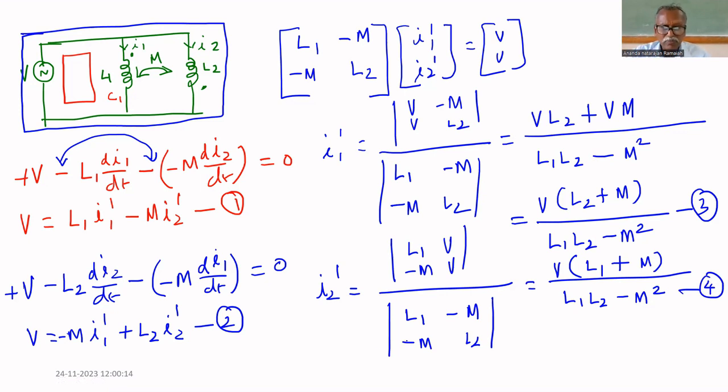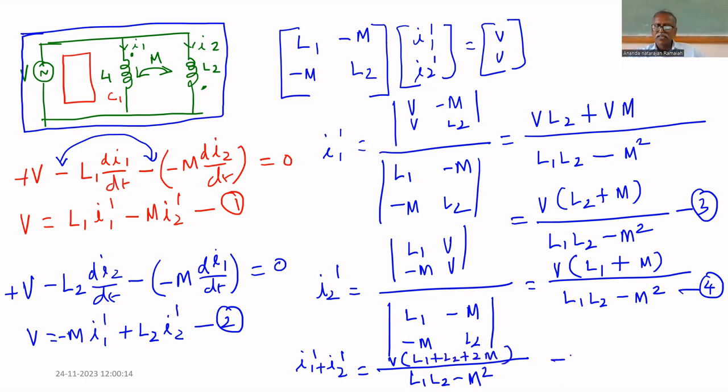From 3 and 4, I1 dash plus I2 dash has the same denominator L1 L2 minus M square. If you add these two together, you will get L1 plus L2 plus 2M in the numerator. That is the fifth equation, equal to I1 dash plus I2 dash, which in the equivalent circuit is di by dt.